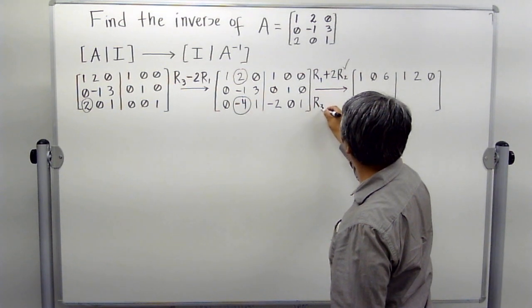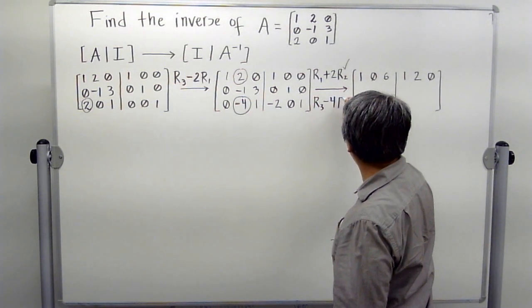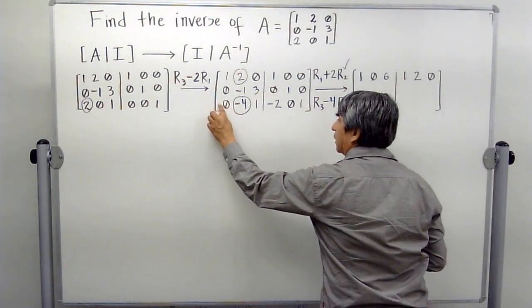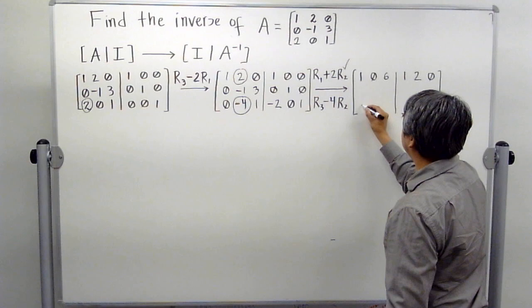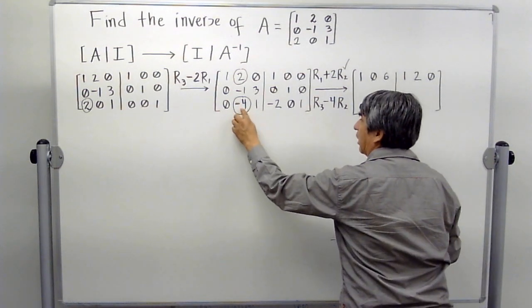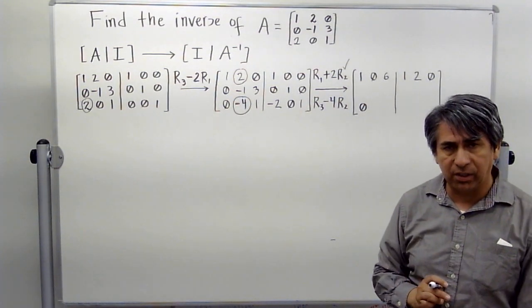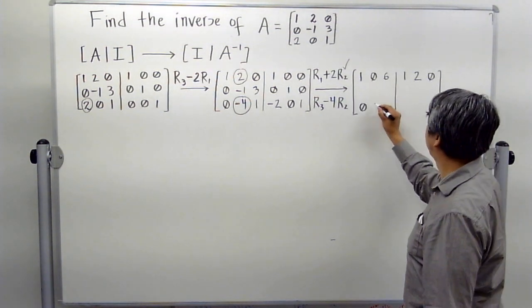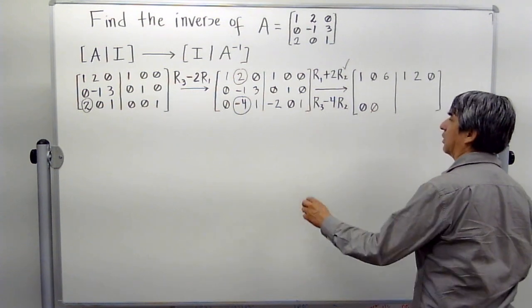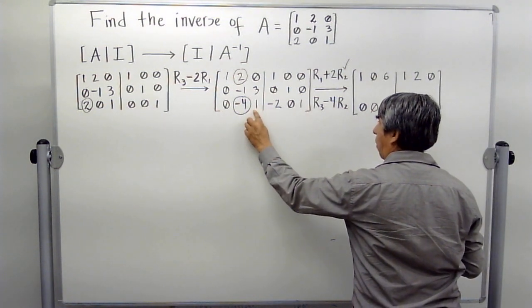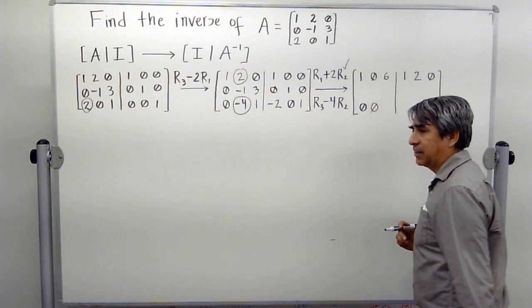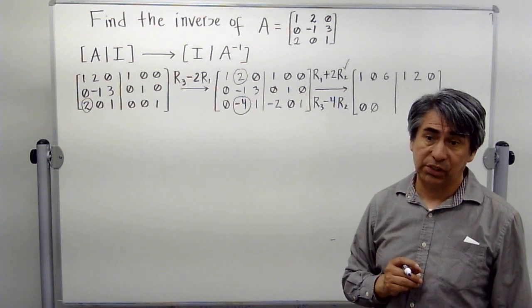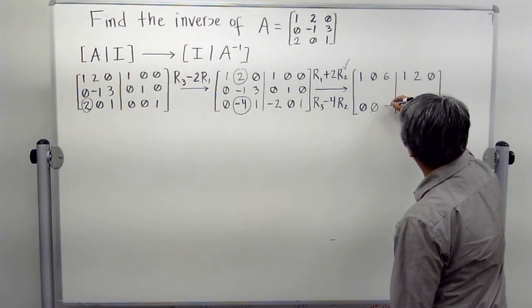Row 3 minus 4 row 2. 0 minus 4 times 0 is 0. Negative 4 minus 4 times negative 1 is negative 4 plus 4, which is 0. 1 minus 4 times 3 is 1 minus 12, which is negative 11.